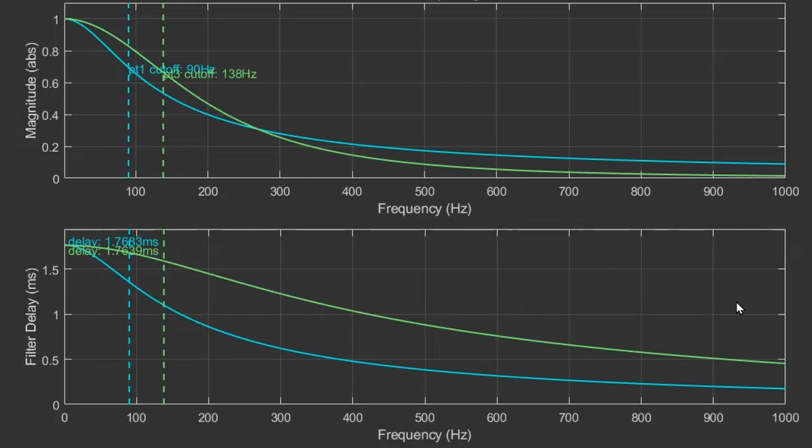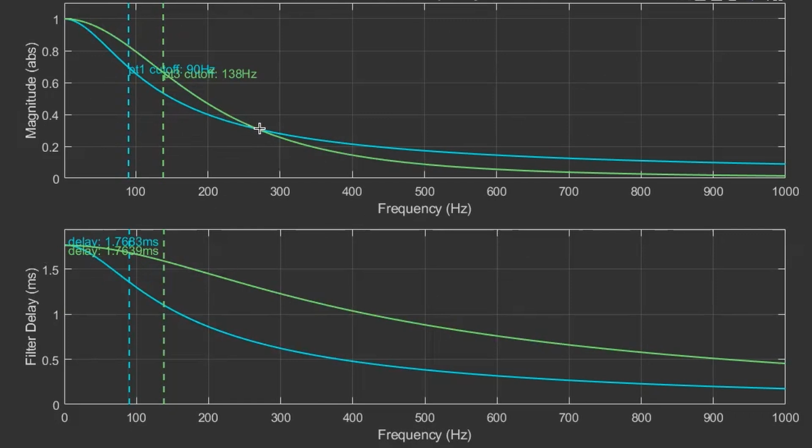So this is interesting. Looking at this plot, here we have a PT1 and a PT3 relatively matched, but look at the PT1 and how much more it's attenuating below the cutoff. Just like we showed with the biquad, if you take a PT1 and set the cutoff lower, you're going to get much better attenuation down here.